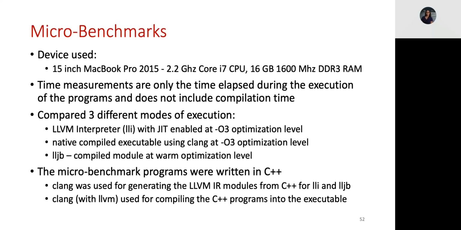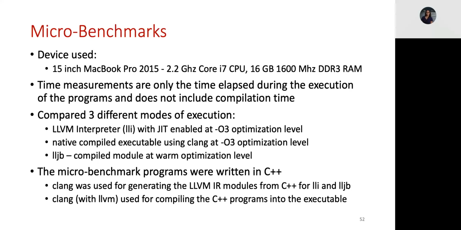And then there are 3 different modes of execution we used. So we use the LLVM interpreter, or LLI, with JIT enabled. Basically, LLI with JIT enabled actually compiles all the functions before they're actually run, so it's entirely ahead of time. And then we also have a native compilation at O3 optimization level.